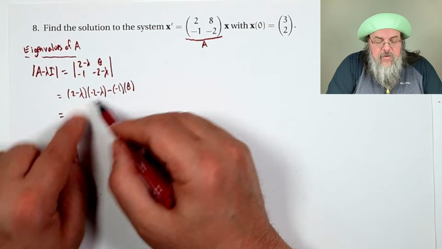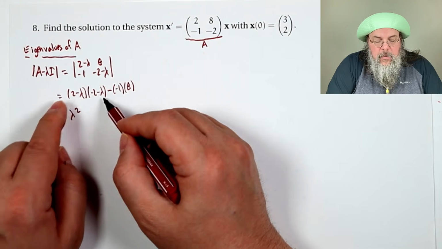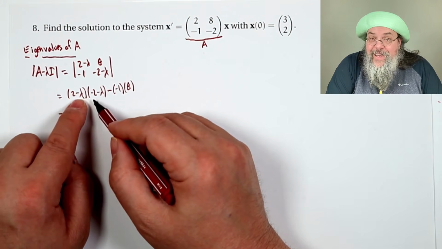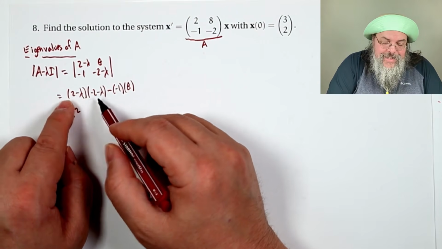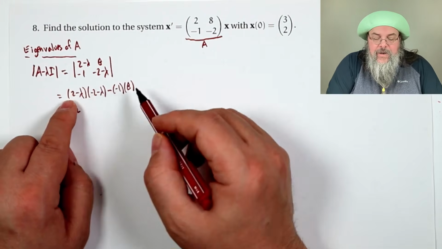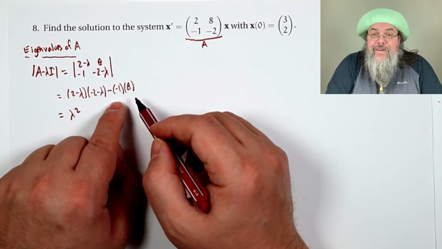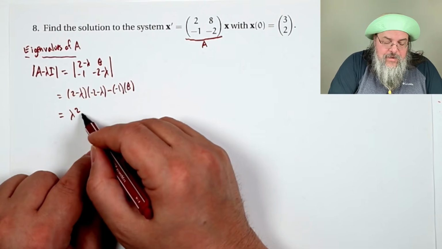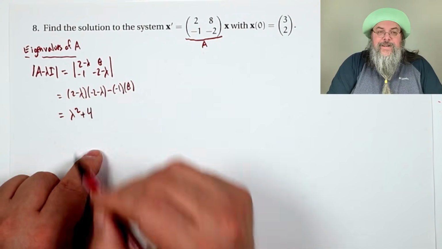Let's start with the lambdas: lambda squared. We have a minus 2 lambda and a plus 2 lambda, which cancels. That's nice. And a minus 4 and a plus 8. Minus 4 plus 8 makes plus 4.